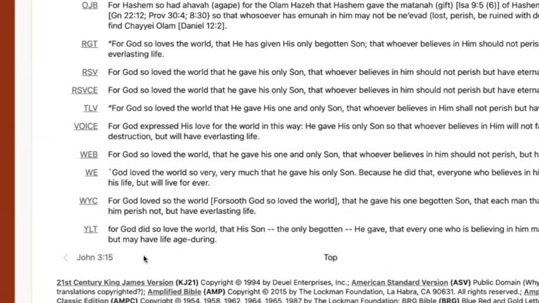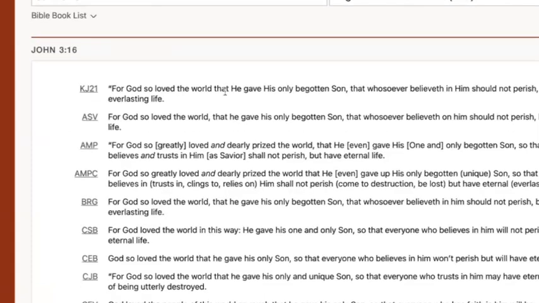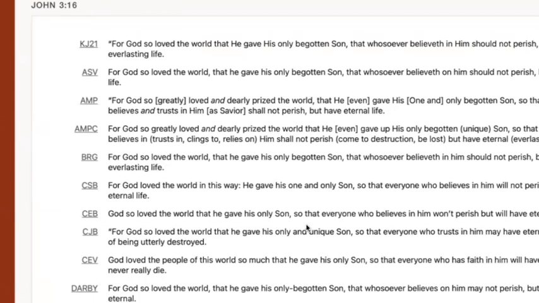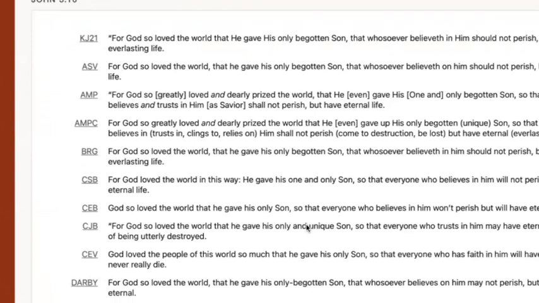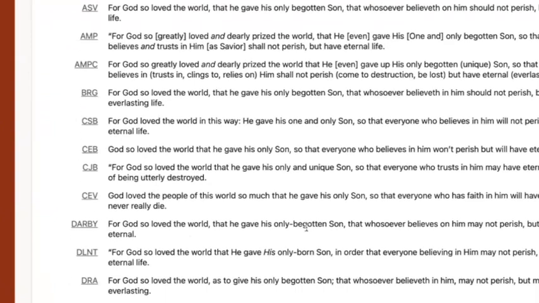So that's a lot, and you can compare the different wording of these translations. Now, in a verse like this, there's probably not too much different. Sometimes it's just a matter of a few words, but sometimes the differences can be quite big, and sometimes translators will choose different words.